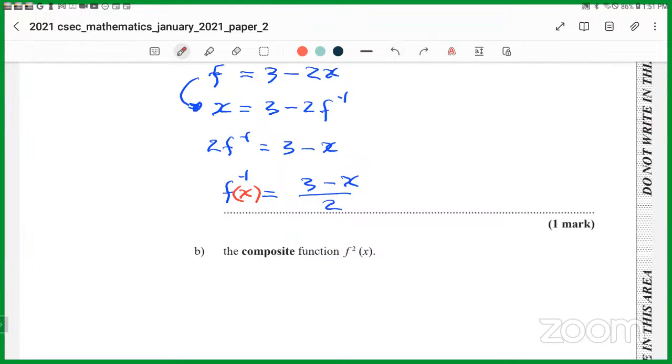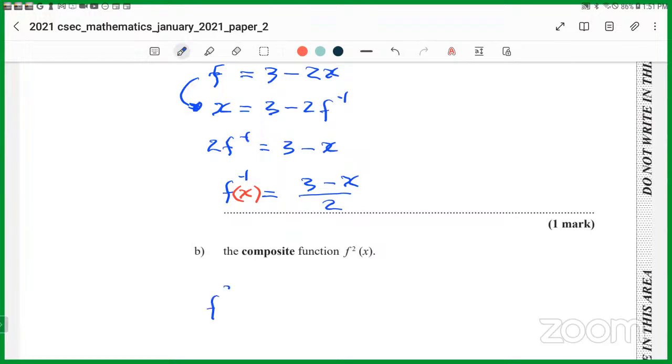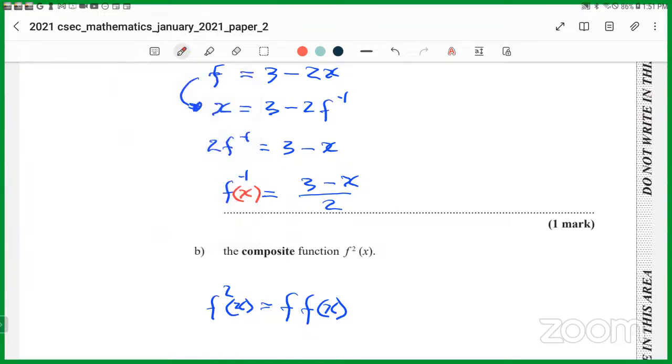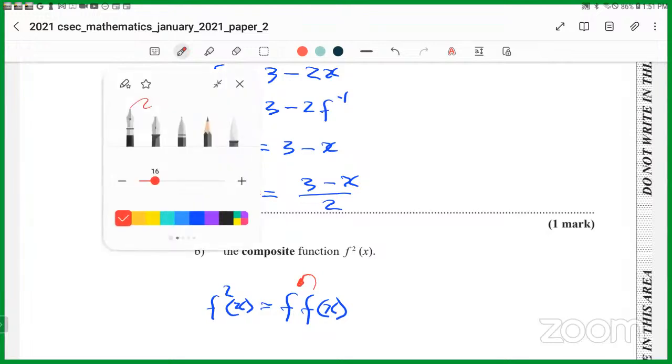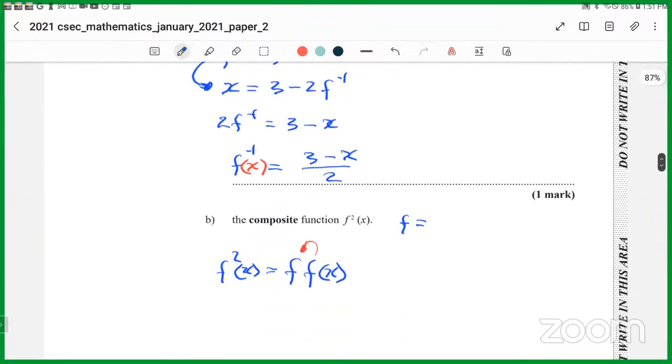Then here now, they want f squared. And the important thing with this one is to remember that f squared of x means f of f of x. Don't square anything, guys. Don't go multiplying and squaring anything. You're putting the f function back into itself. So if I were to write down the f function twice, just to show how it is, I have f equals, what is it again? 3 minus 2x. 3 minus 2x.